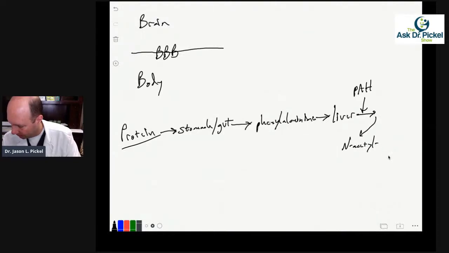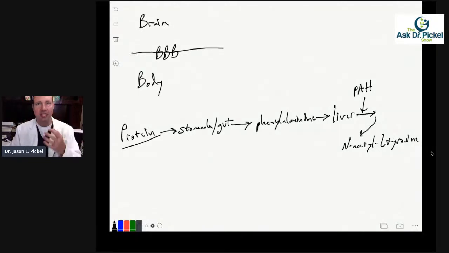N-acetyl L-tyrosine. You may have heard of tyrosine. So this is another amino acid that we need. Now it's in this N-acetyl L form, and there's a reason for that, which we're going to get to.